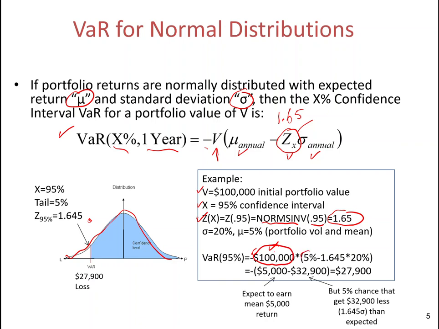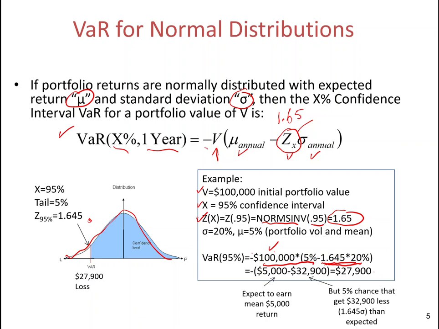It's expected to grow by 5%, so I'm expected to go to 105, but there's a 5% chance it could be 1.645 standard deviations lower than expected. That's how you can interpret this VaR formula. I expect $105,000, but there's a 5% chance that I have a 1.645 standard deviation below the expected value.